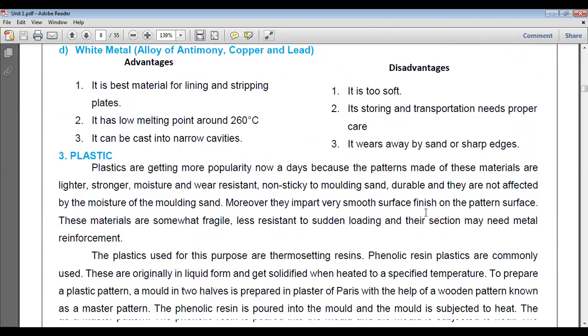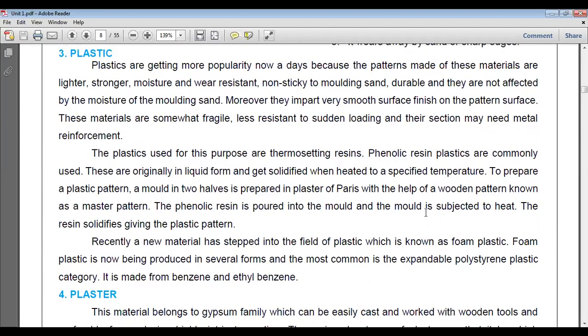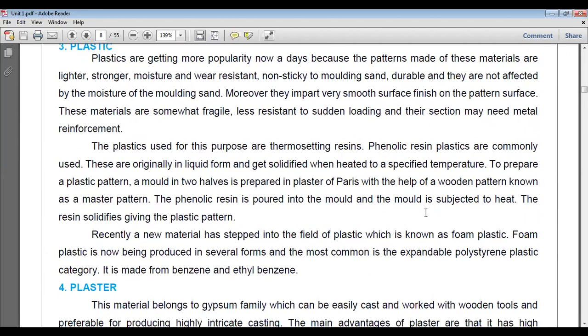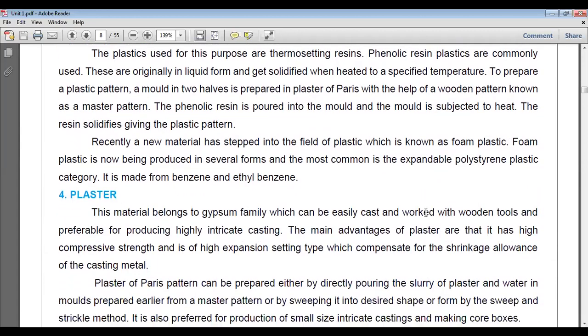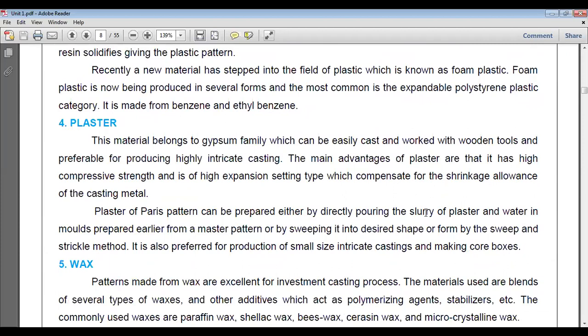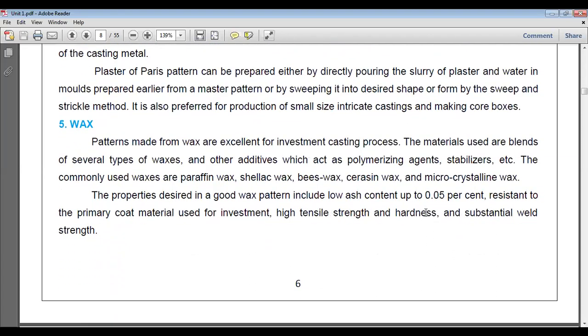Third are plastics. Plastics, as we know, are very preferable. They have very good strength, but they cannot sustain higher temperatures. Then there are plasters: we talked about plaster of Paris and gypsum, or POP. Their advantages and disadvantages we have already discussed. Then we have wax. Wax is also a very good pattern material, used for lost foam and lost wax, which we will discuss when we cover special casting methods.